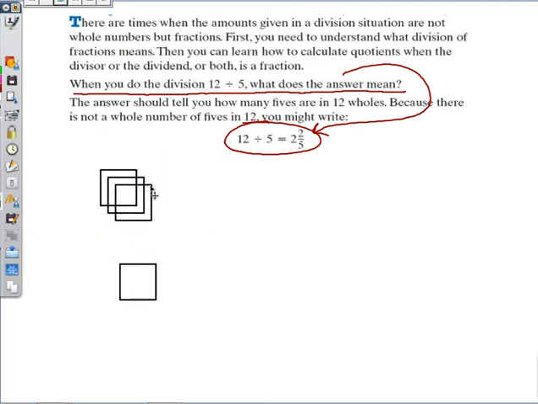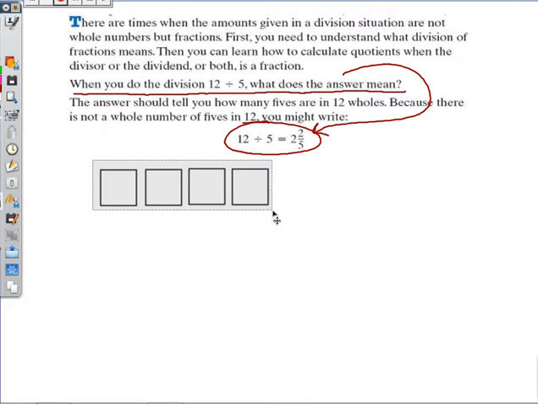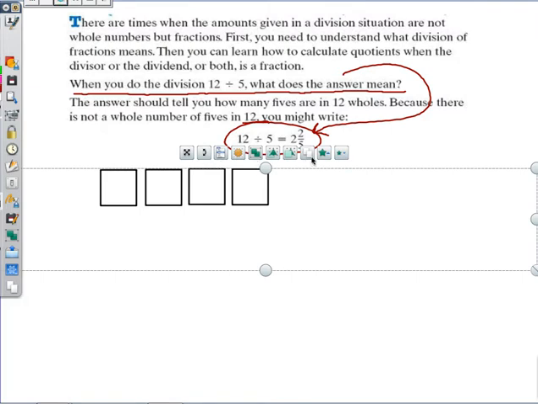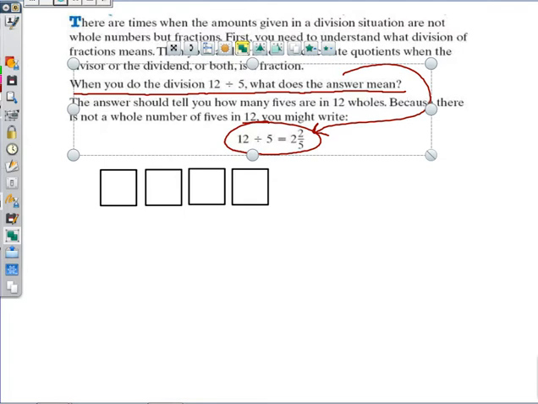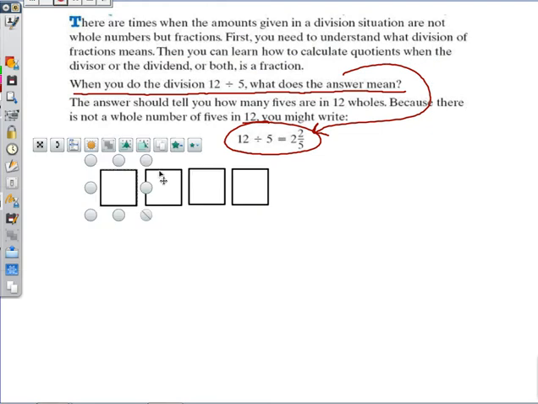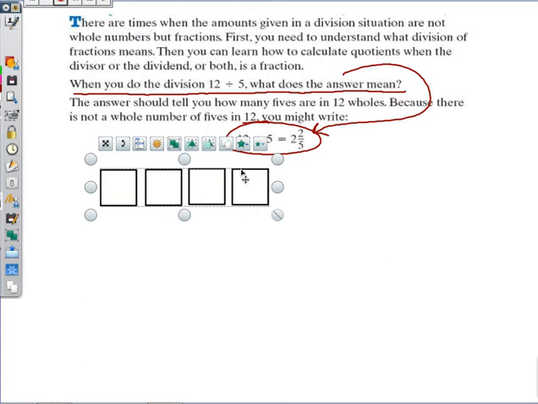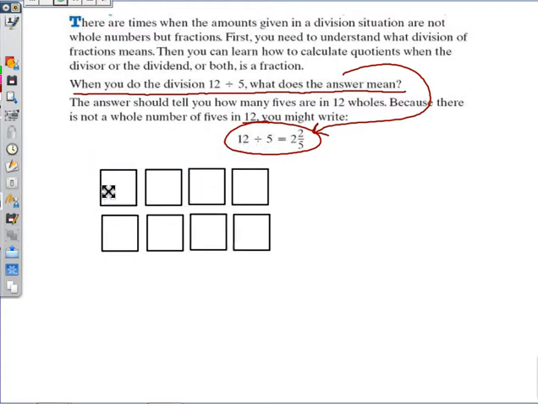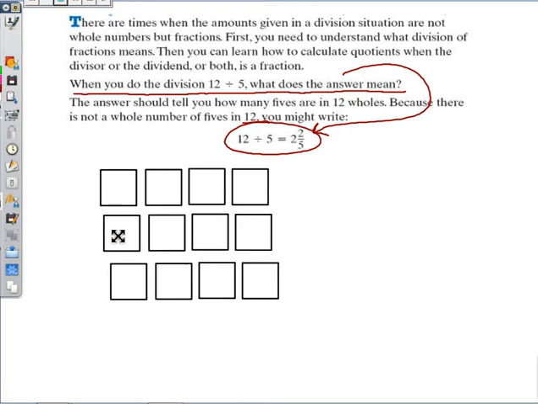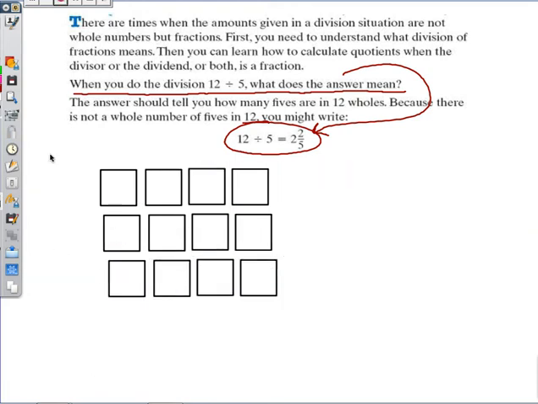I get to. Alright, so I've just made my 12 wholes. Make sure you draw your 12 wholes on your C notes as well.